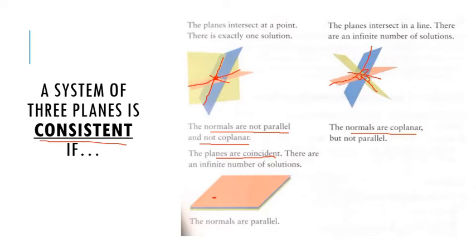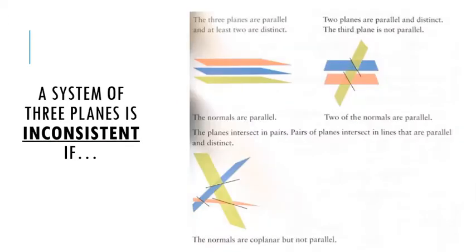Now, what if they don't intersect at a point, a line, or on a plane being coincident? Then they are inconsistent. The possibilities for a system of three planes that is inconsistent include all three planes being parallel and distinct from one another. And actually only two of them need to be distinct.